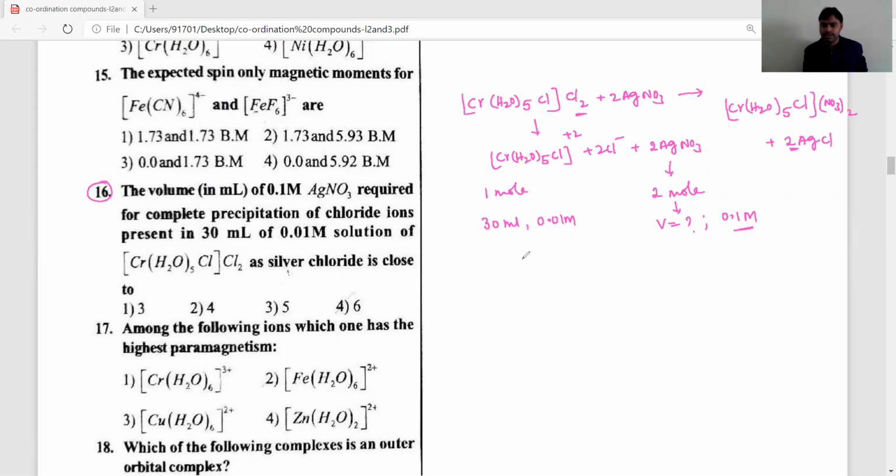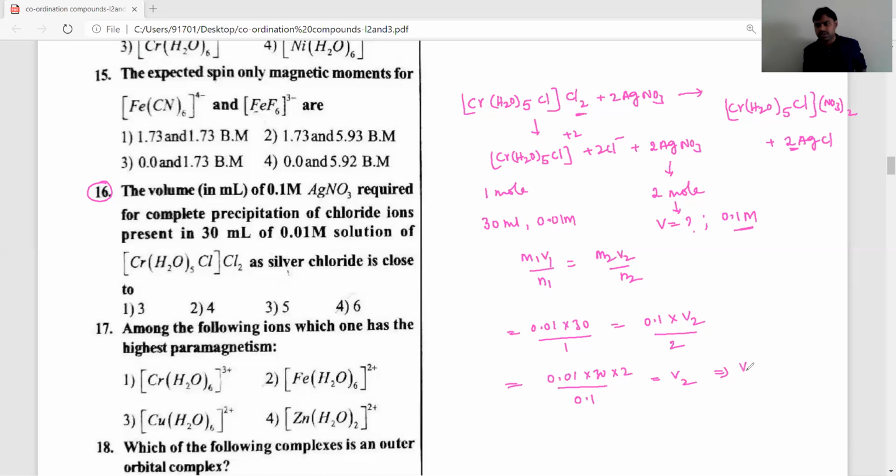Now for the neutralization principle in terms of molarity, M1V1 by N1 is equal to M2V2 by N2. M1 is 0.01 into 30 by 1, equal to M2, 0.1 into V2 by N2, which is 2. Then 0.01 into 30 into 2 divided by 0.1 is nothing but V2.